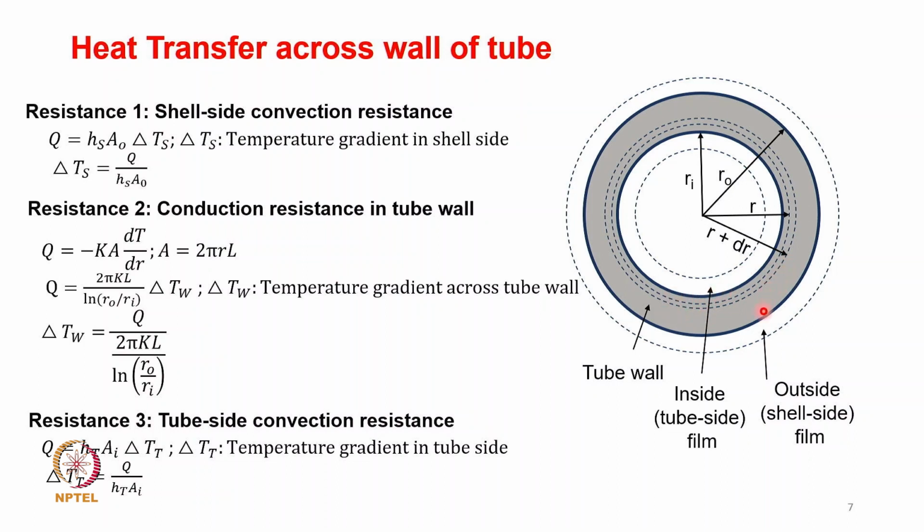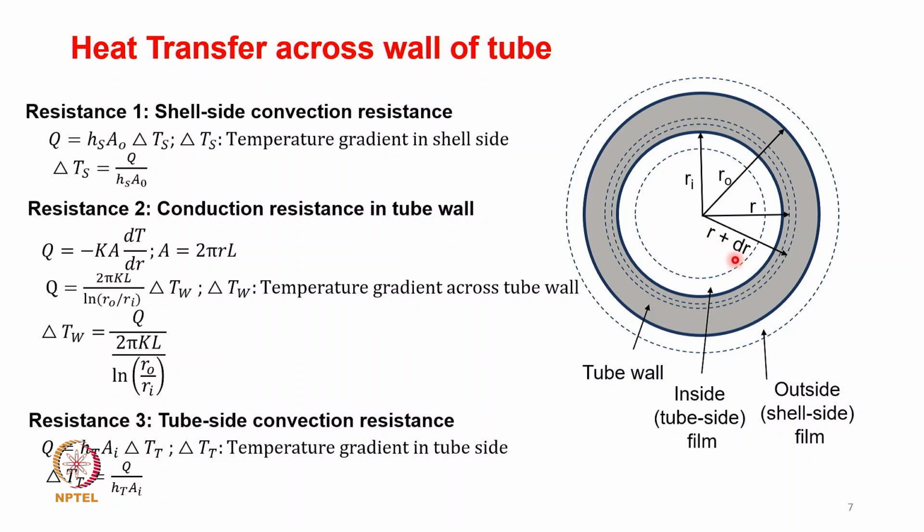This is inside the tube, and this is outside the tube. Let r denote the radius at any point inside the tube, Ri the inside diameter and Ro the outside diameter. To get any delta thickness inside the tube, we use the notation r plus dr.